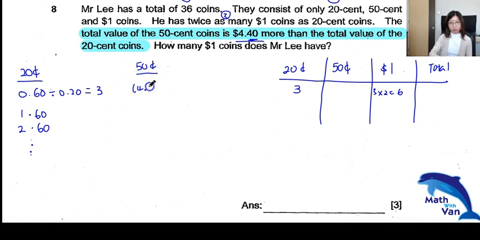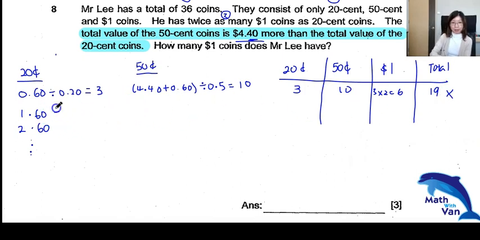So if $4.40 more, I plus the 60 cents. So this is the value of all the 50 cents. And that I would be getting 10 for $5. So I only have 10. So 3 plus 10, 13 plus 6, 19. So this cannot be the combination.